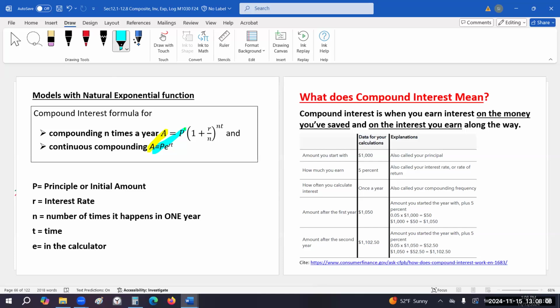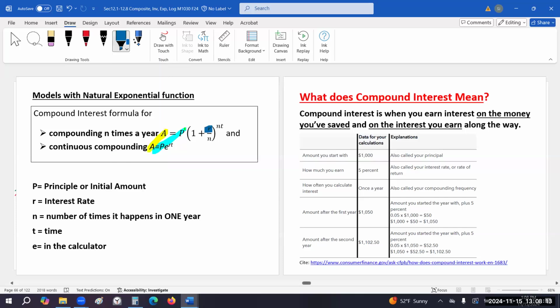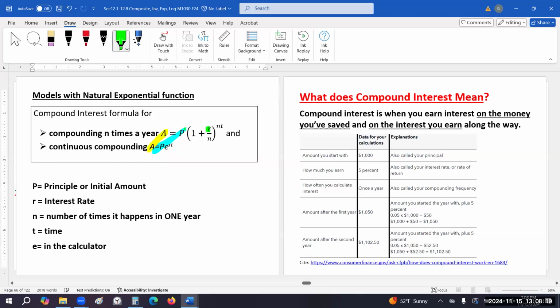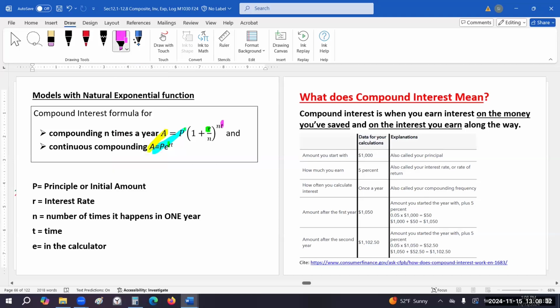Or sometimes they will give us everything else besides R, so our job will be to find what R is. And then lastly, the last type will be finding our time.